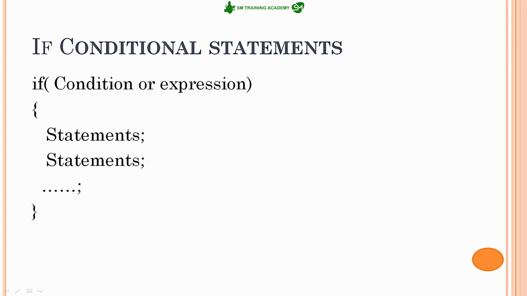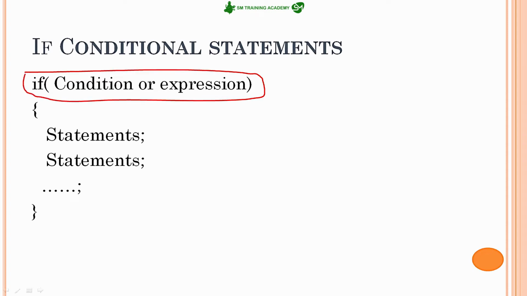That is, this one is the condition, and if this is satisfied, we will execute this part of code. If it is not, we will skip this part of code. That's it.